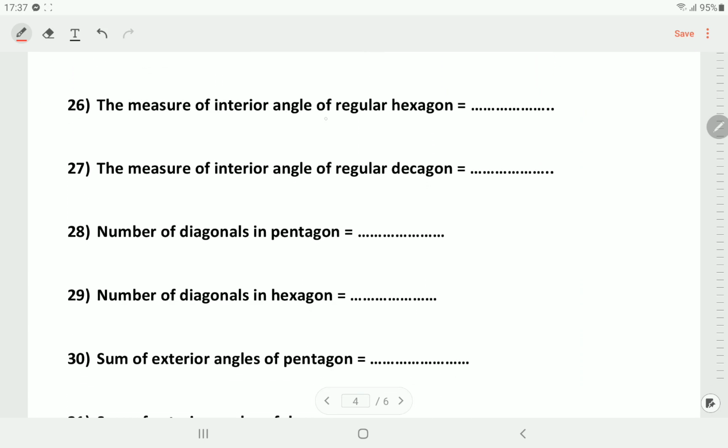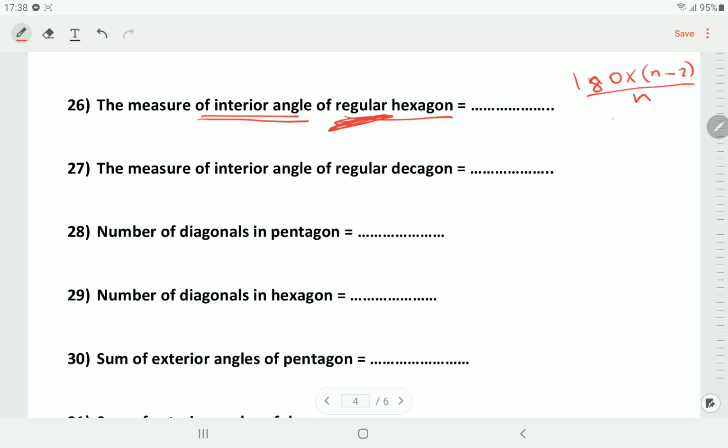The measure of an interior angle of a regular hexagon. Don't forget this law. If you want one interior angle of a regular polygon, it means all interior angles have the same measurement. Then we can write this law: 180 times (n minus 2) over n.